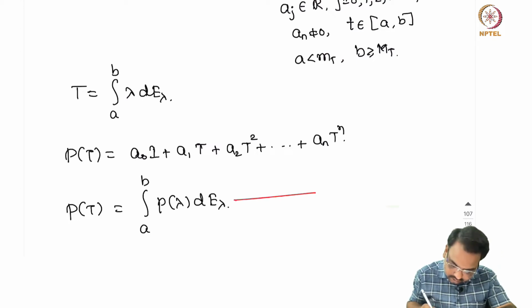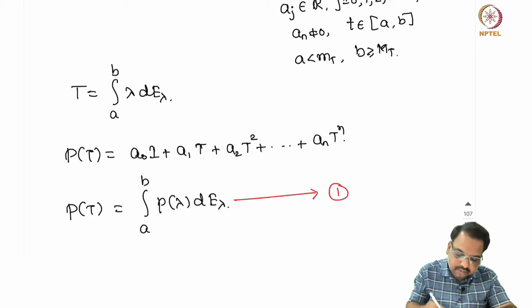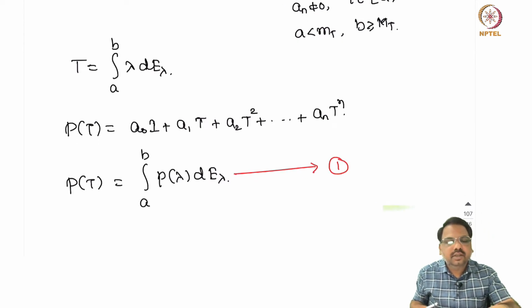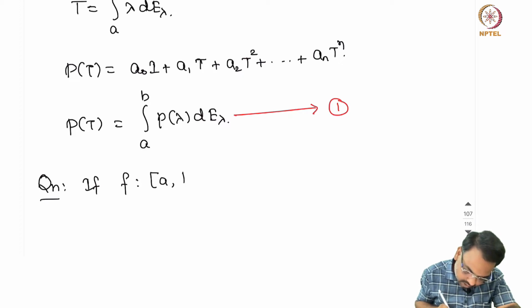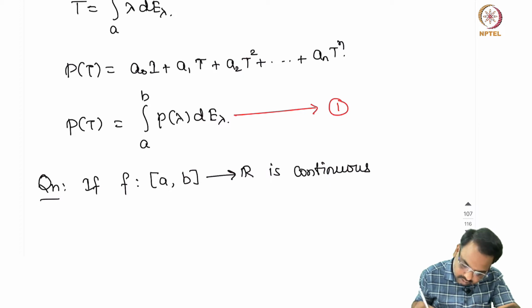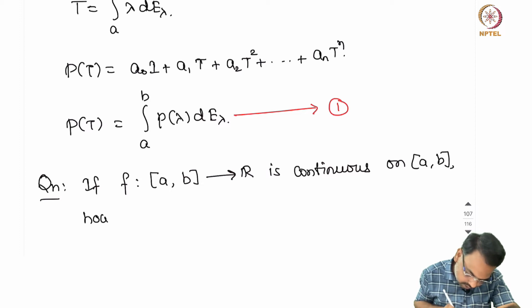Okay, so let us call this equation 1. Now the question we can ask is: suppose we have a continuous function defined on the closed interval [a, b], how to define f of T? If f from the closed interval [a, b] into R is continuous, how to define f of T?